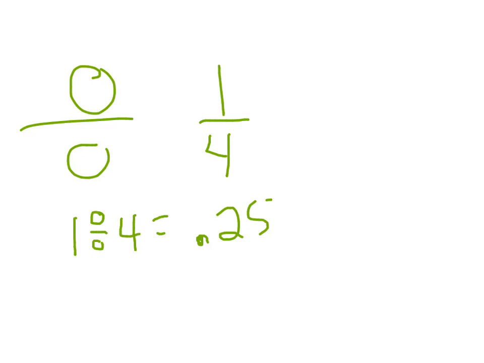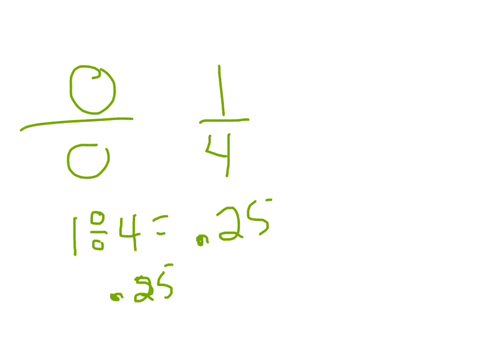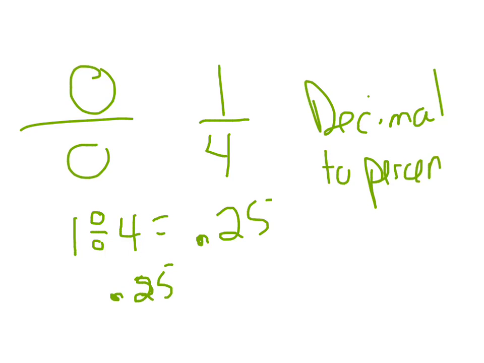So now we want to take our 0.25, and like on the previous page, it says turn our decimal into a percent. In order to go from decimal to percent, I'll write that up here. You need to times by 100.